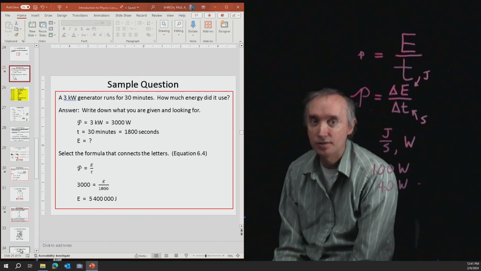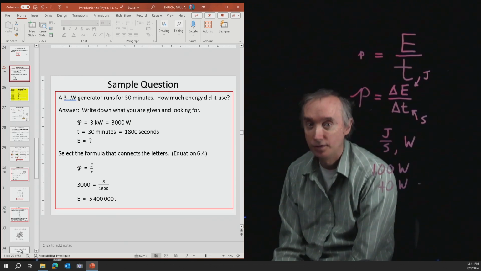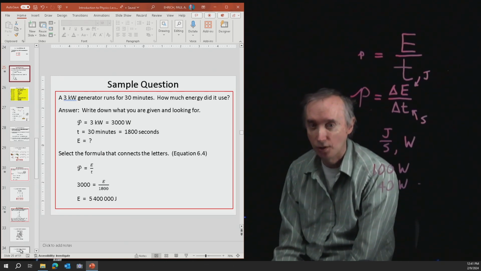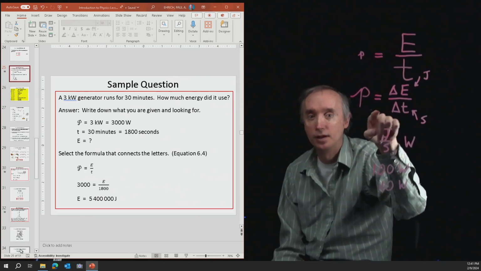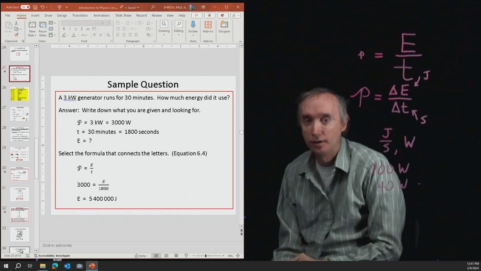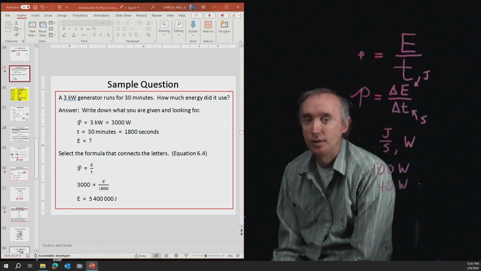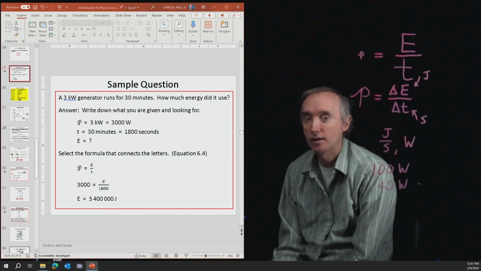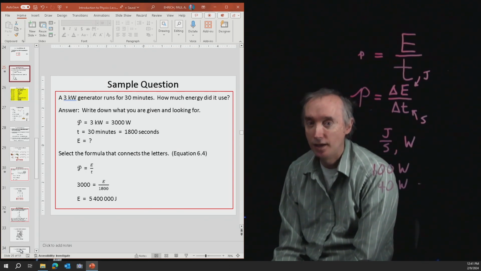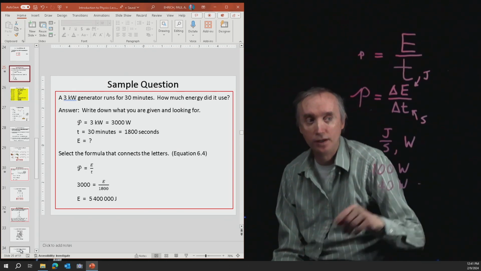And then it's asking how much energy did it use, so we're looking for the letter E. So we're going to plug it into this formula here and do some algebra on it, and it turns out to be 5,400,000. And now we need to tack on the official metric unit for energy, and it would be the joule.